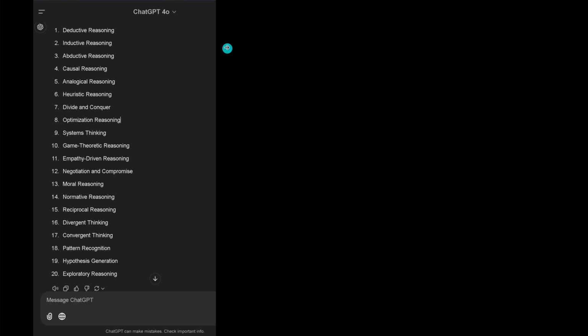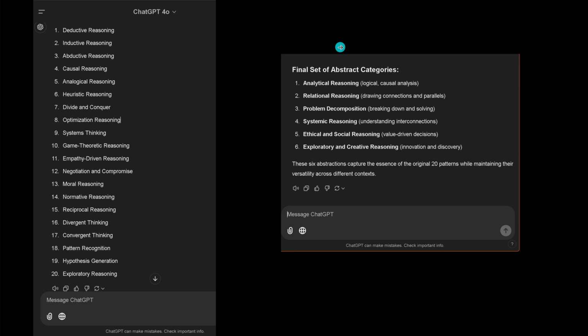And then you have GPT: deductive reasoning, inductive reasoning, causal reasoning, reasoning by analogy, heuristic reasoning, divide and conquer, system thinking, game theoretical reasoning. And I said, hey, we can further abstract this away. And after some discussion with my little AI system, ChatGPT came up and we had a final set of abstract categories of this 20 minimum set, and we have 6 elements.